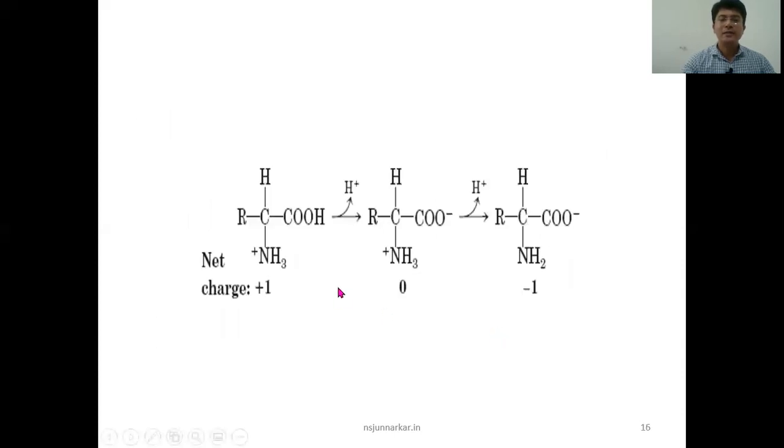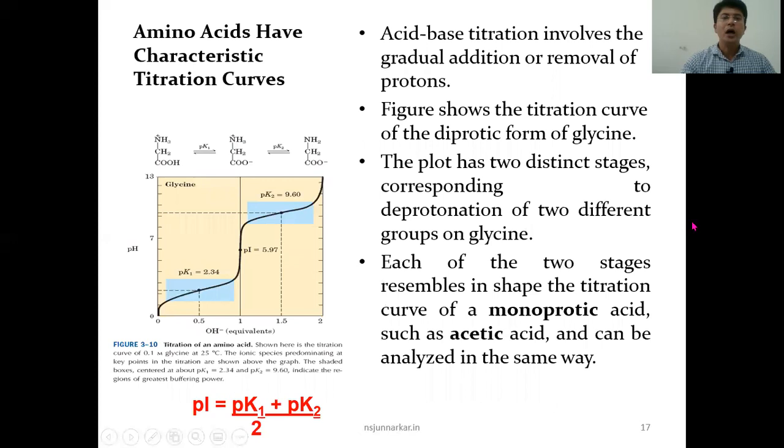So the amino acid at very low pH can have a net positive charge, and when the pH increases, the carboxyl group may get deprotonated, resulting in an amino acid which has a net zero charge. Further increase in the pH results in deprotonation of the amino group, resulting in a net negative charge on the amino acid. Amino acids have characteristic titration curves.